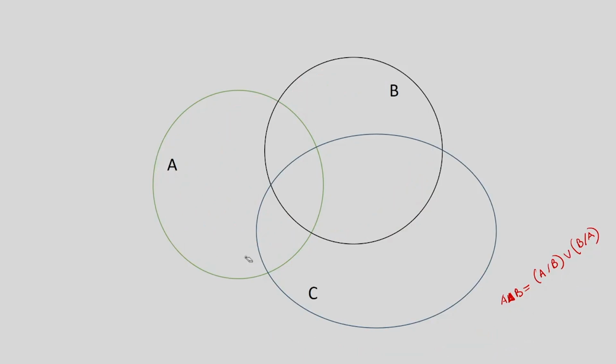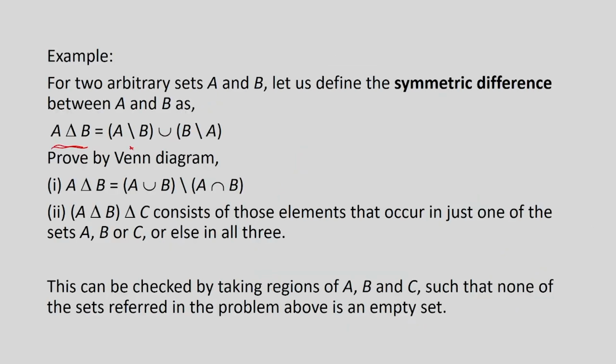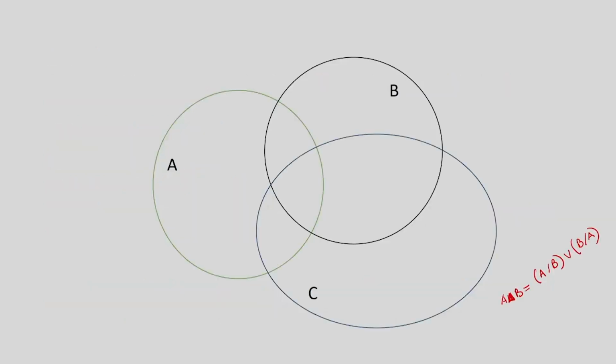The next thing we have to prove here is A delta B and then after brackets delta C consists of those elements that occur in just one of the sets A, B or C, or else in all three. So, A delta B and whole thing delta C, this consists of elements in either A exclusively or B exclusively or C exclusively, or they occur in all of them simultaneously.